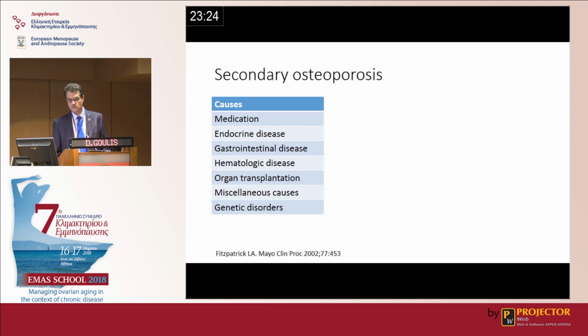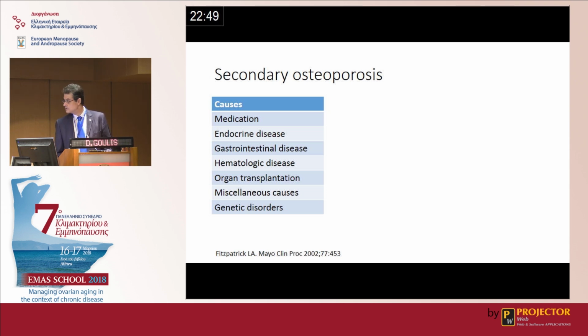One important thing is, of course, to remember that it's not only the very common, very prevalent postmenopausal osteoporosis, but there are causes of secondary osteoporosis as well. And these are seven different teams of causes of secondary osteoporosis: medications that we must have in mind, endocrine disease, gastrointestinal disease, hematologic disease, plus some other less common entities.